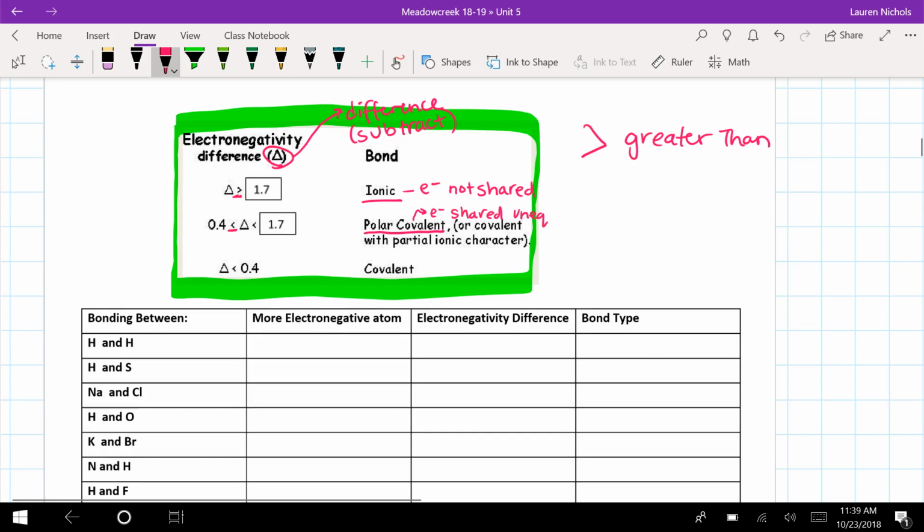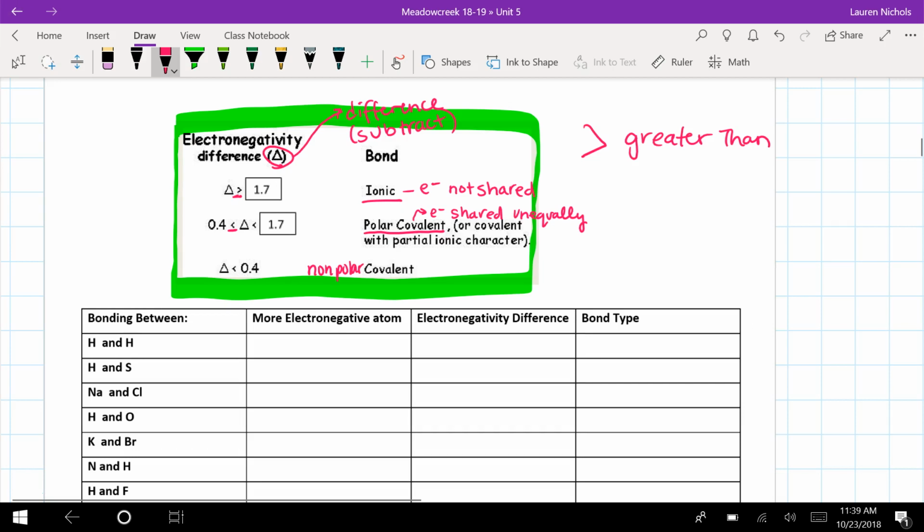It's kind of like if you have siblings and your mom tells you to share the computer, but your older sibling gets it for like 2 hours and you only get it for 20 minutes, right? Technically, y'all both got computer time, but it was not even at all. It was shared unequally. And if the difference is less than 0.4, then we would say it's non-polar covalent.